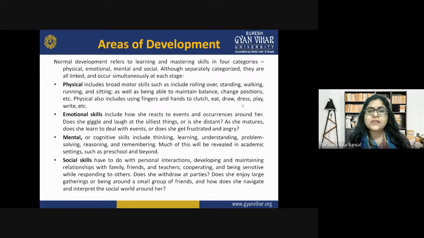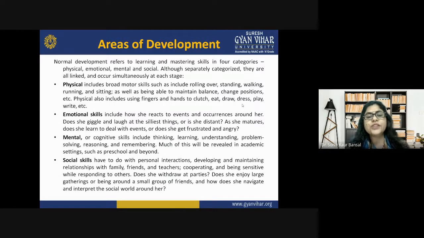So let's understand how these areas develop altogether and how they work effectively when all the areas are developed in a proper way. First of all, let's understand the physical area. What does that mean?